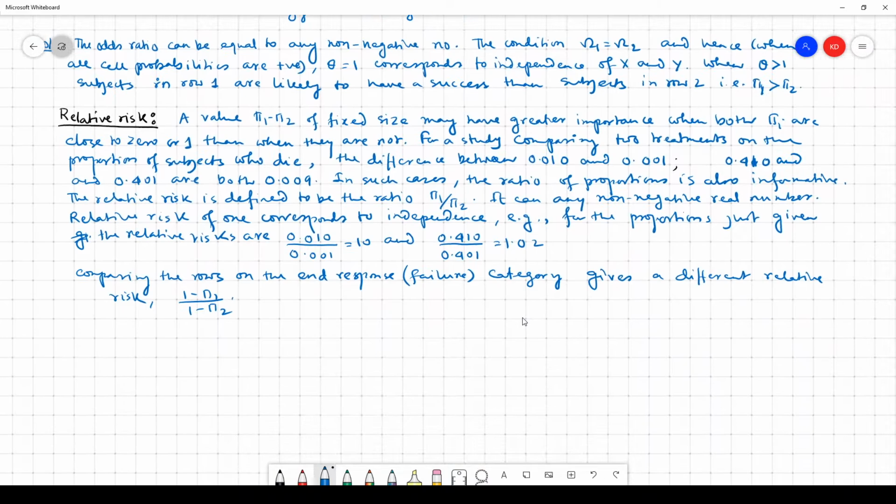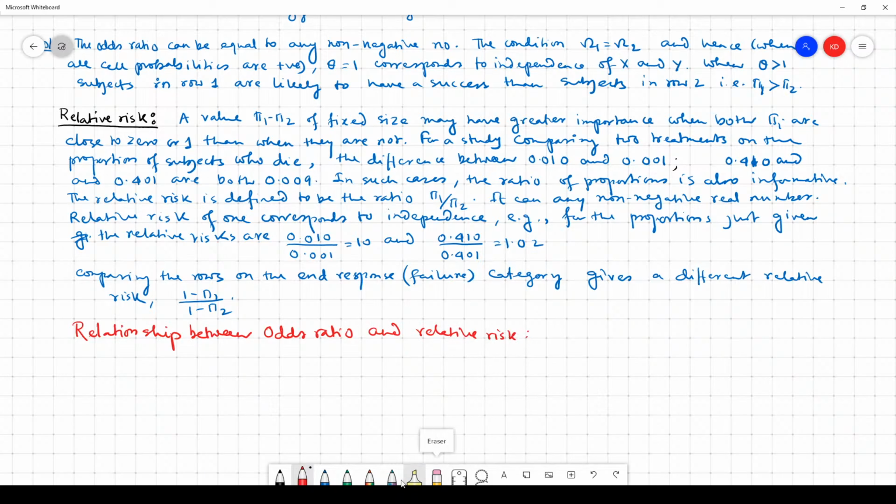Now, the last point: what is the relationship between odds ratio and relative risk?